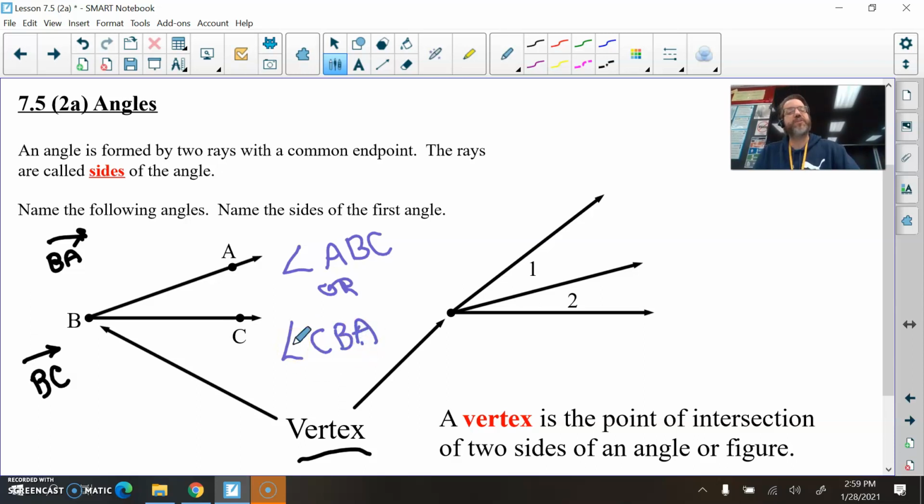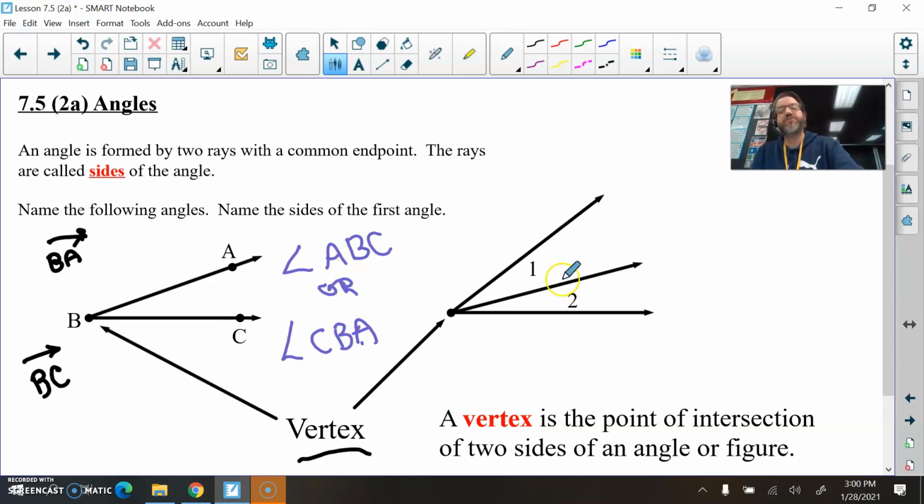We put the angle symbol down, and then imagine yourself tracing that angle, ABC, or the other way, CBA. It's the same angle. The only thing that matters is that the vertex, point B, is listed in the middle.